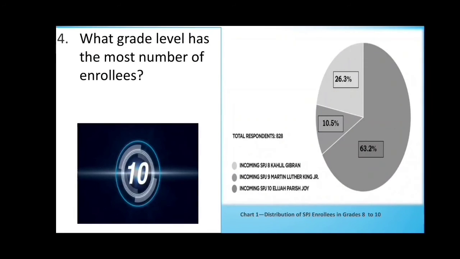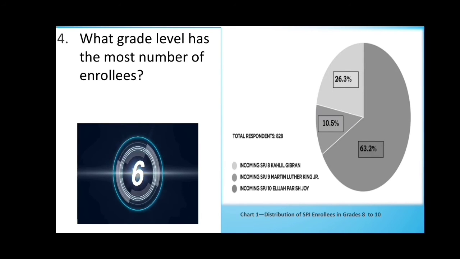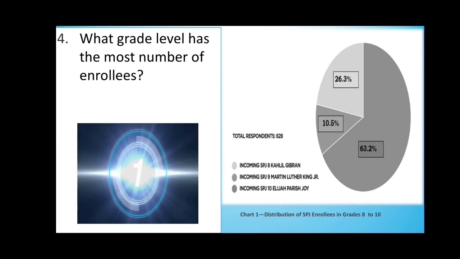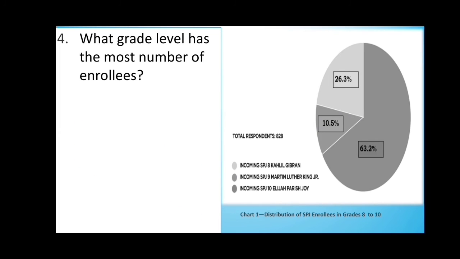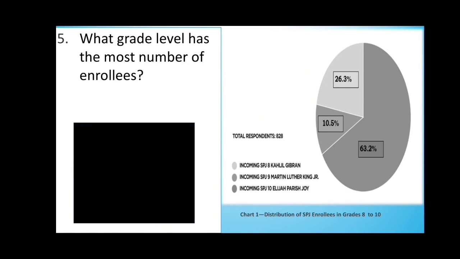Or, what grade level has the most number of enrollees? Time starts. Time's up. For the last question, what grade level has the most number of enrollees? Time starts.